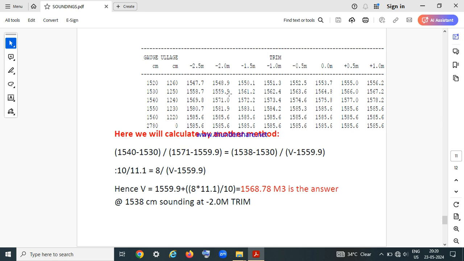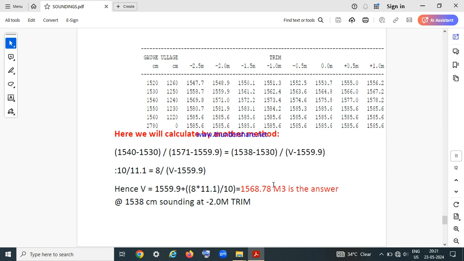So 1559.9 plus 8 into the value we got after subtracting and dividing. Suppose 1.11. That one will also give the same answer.